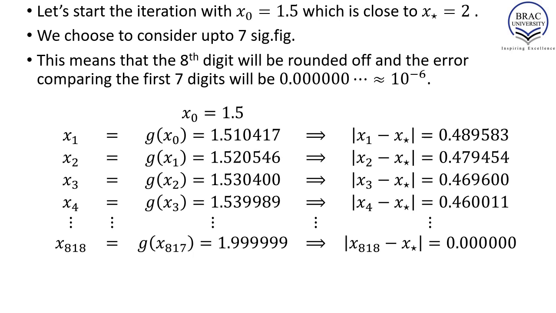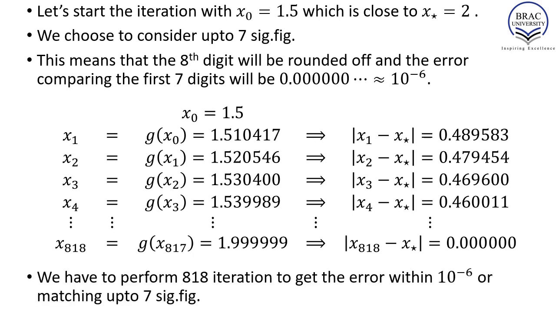And we want this error to be within 10 to the minus 6. And you can see here that after 818 iterations, we get our desired error, which is less than 10 to the power minus 6. It's a huge number of iterations.